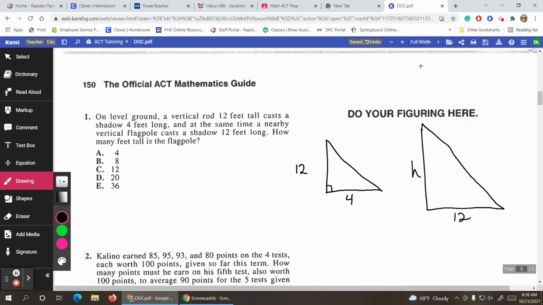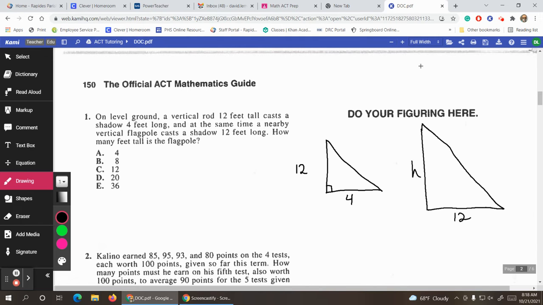If we know that this is a vertical rod, let's take what we know. We look outside of our school, or wherever you're watching this, and you know there's a flagpole. A basketball goal in a gym is 10 feet off the ground. Are flagpoles that high? No. Naturally, if a rod is 12 feet tall and casting a 4-foot shadow, something casting a 12-foot shadow, you can see 4 to 12, is 3 times as much.